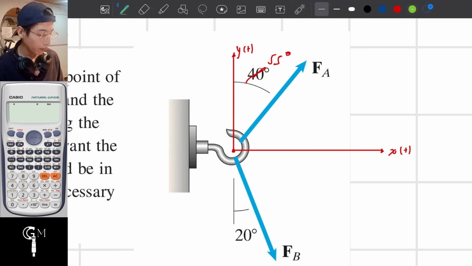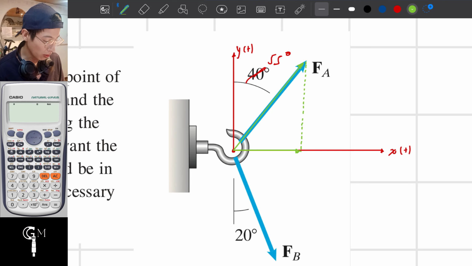Now, I'm going to show the two components of the first force, called FA. So this is FA, and I can show the first component like this.